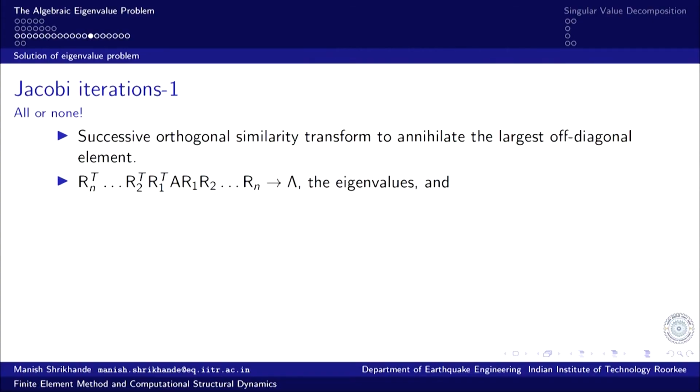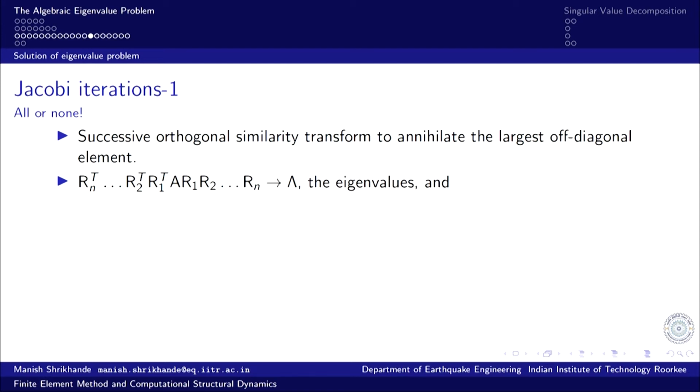So, that is how the subspace iterations are arranged. Then Jacobi iteration, as I said, is a successive orthogonal similarity transform using Givens rotation to annihilate the largest off-diagonal element, and we do it from both sides until the matrix A converges to the diagonal matrix, which holds the eigenvalues.